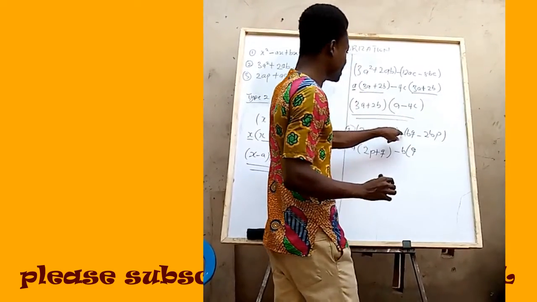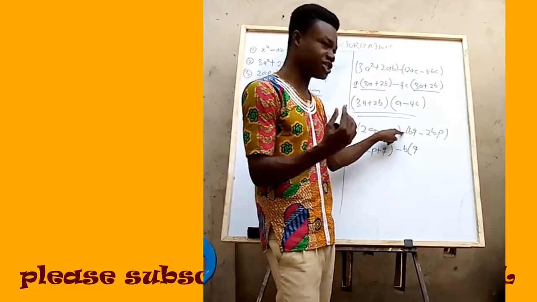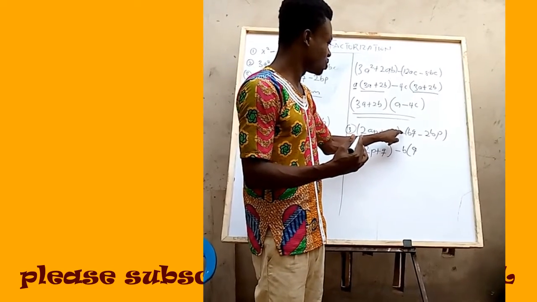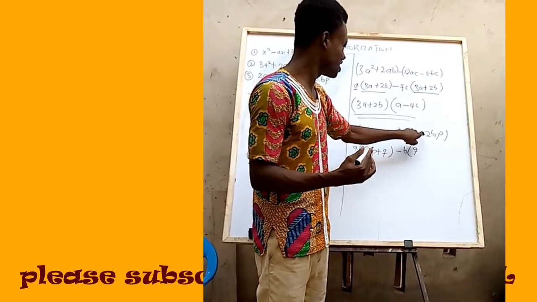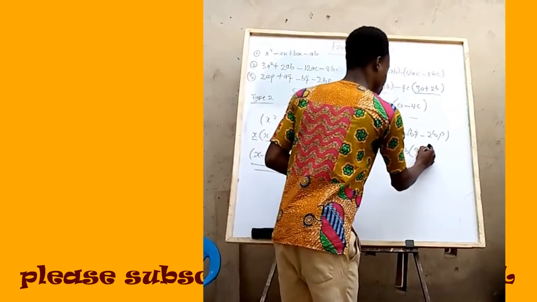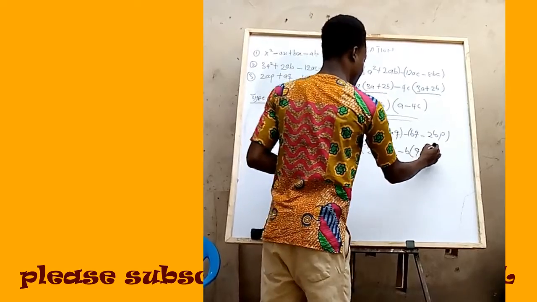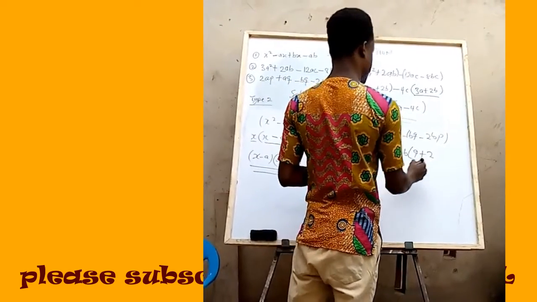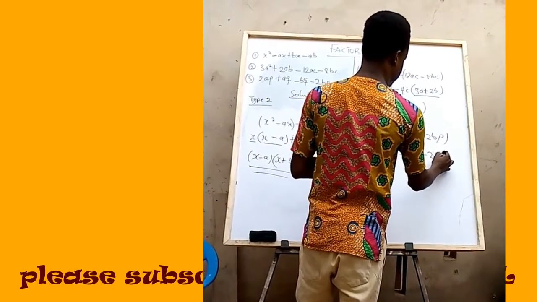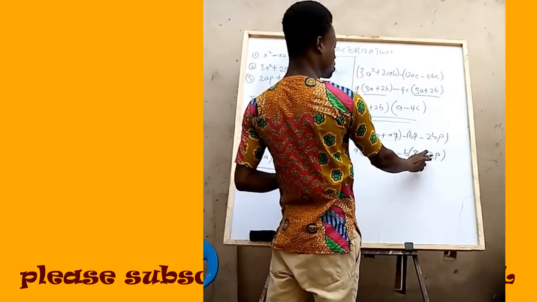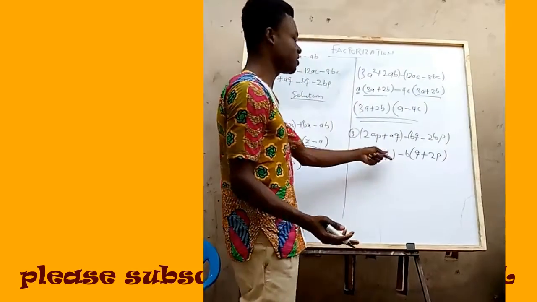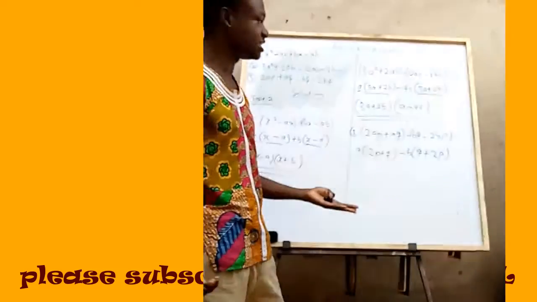So you have to be conscious when you're dealing with this. Negative multiplied by this one, we get negative, negative multiplied by this one, we get positive. So this one changes to plus 2p, because b is a factor here. So look at something, q plus 2p is the same as 2p plus q because addition is commutative.